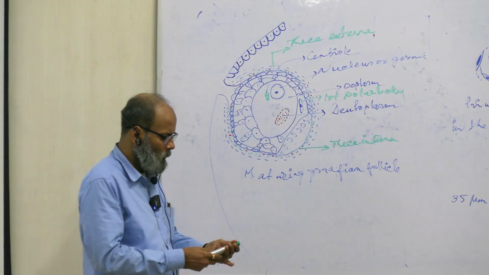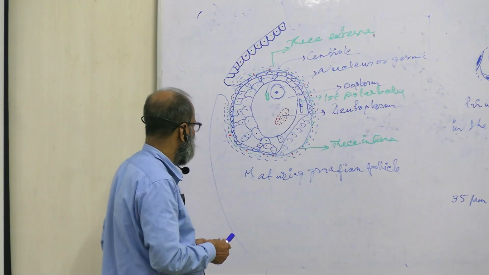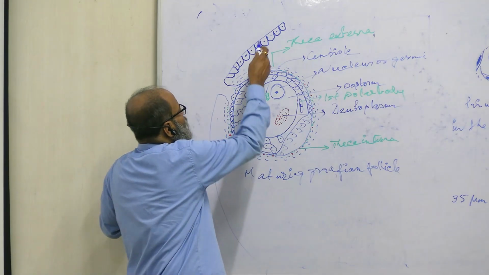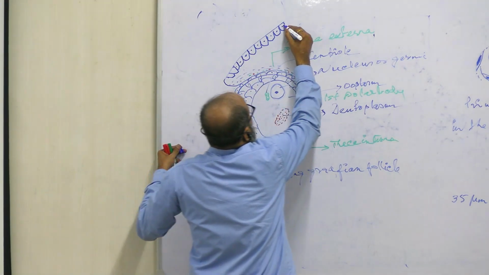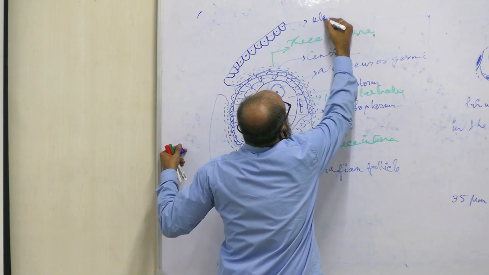How does it look? It looks like this. There is the endometrium of the uterus, uterine endometrium.